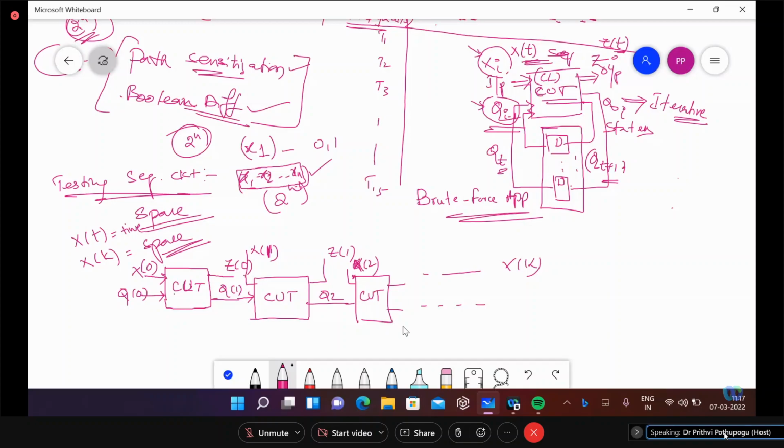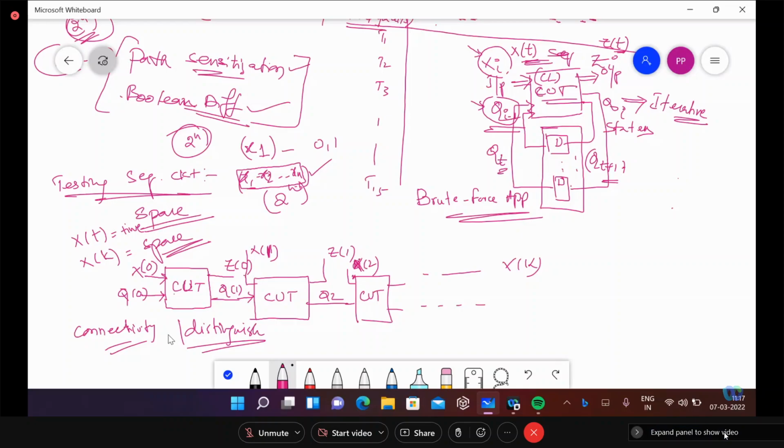Now the next element is connectivity or distinguishability. What is this connectivity or distinguishability?